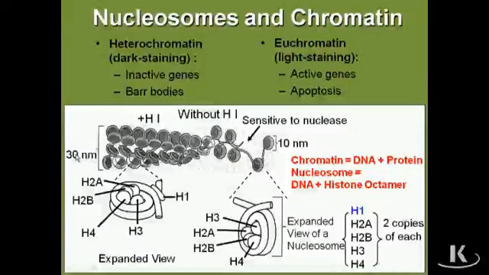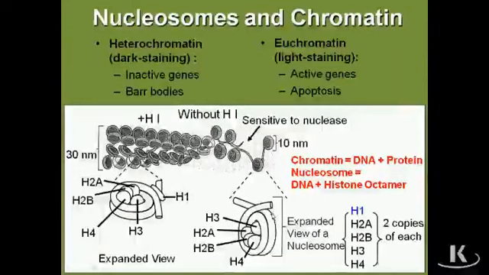So, looking down here now at our structure, you'll see that we have either a 30 nanometer or a 10 nanometer particle. The 10 nanometer particle, when you read this, what's being referred to is simply the nucleosome, the core octamer that's being encompassed twice by the DNA. So that's the 10 nanometer particle.